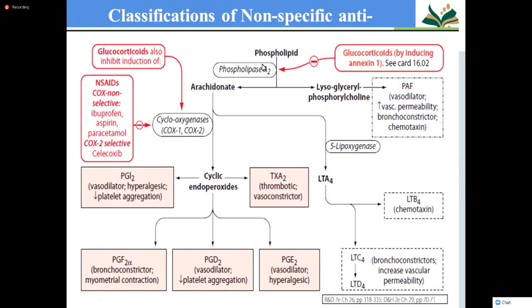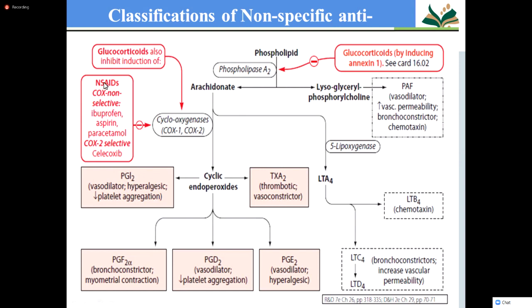Glucocorticoids decrease the activity of phospholipase by increasing the production of annexin 1, and also inhibit induction of the cyclooxygenase enzyme. So the main action is because of inhibition of phospholipase, but it also affects the cyclooxygenase.